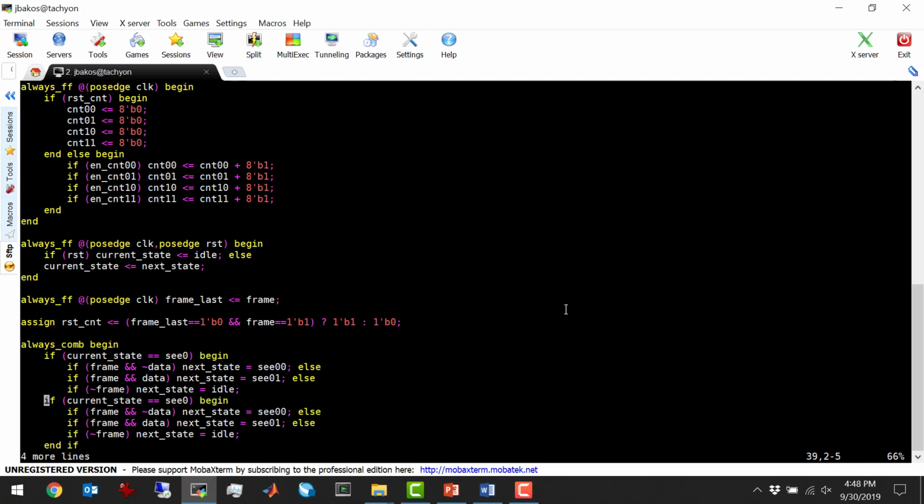So I'm going to put that there and I'll add the end back and say else if current state equals C1, then I'll change these. There you go. So if I'm in C0 and I get a 0, I go to C00. If I'm in C0 and I get a 1, I go to C01. And then if I'm in C1, it's the same thing except that first bit is different.